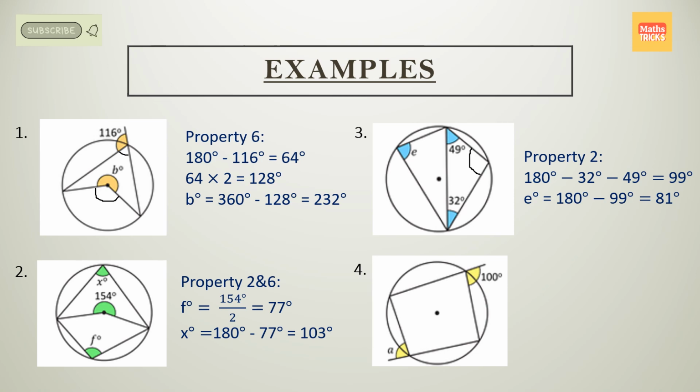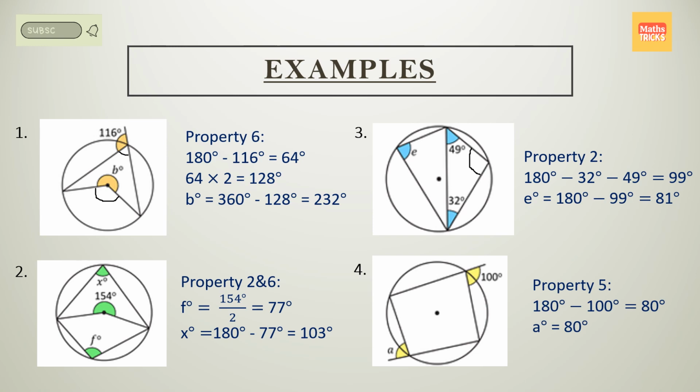Now if we remove this line, E and this 99 degrees that we figured out are opposite to each other, which describes the property of the cyclic quadrilateral, that opposite angles sum up to 180 degrees. So 180 minus 99 will give us 81 degrees as E.